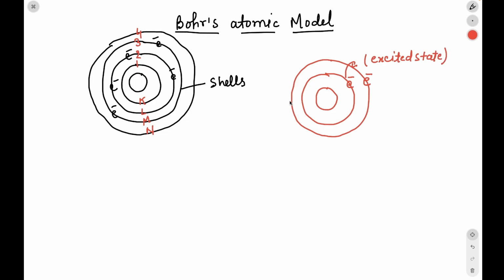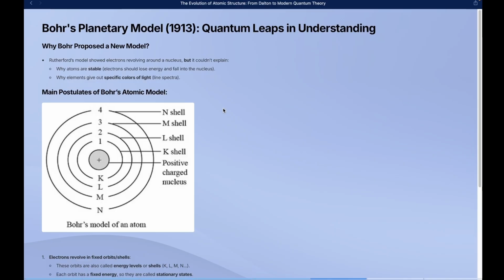And when this electron loses energy and jumps back to the lower energy level, it releases radiation. So energy is absorbed or emitted in a fixed amount called quanta. So Bohr's model explains the stability of the atom and the spectral lines of the hydrogen atom.